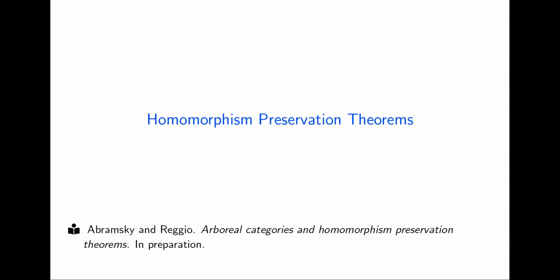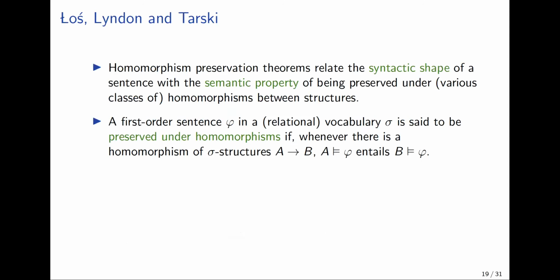All right. So for the last, let's say, 10 minutes, what I'd like to do is to try to explain to you how you can use this framework of arboreal categories to study something concrete in logic, and more specifically to study homomorphism preservation theorems. So this is a family of results that relate the syntactic shape of a sentence with the semantic property of being preserved under some class of homomorphisms between structures. So what do we mean by preserved under homomorphisms?